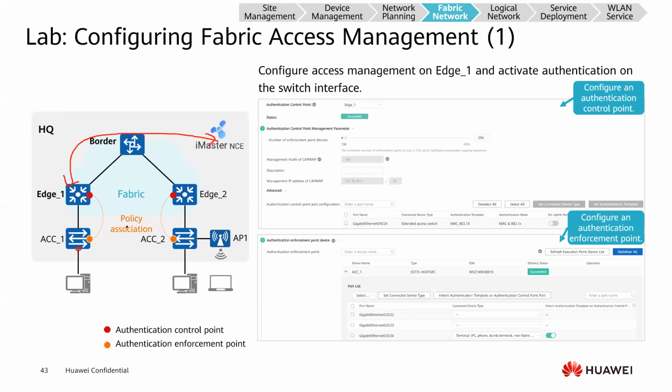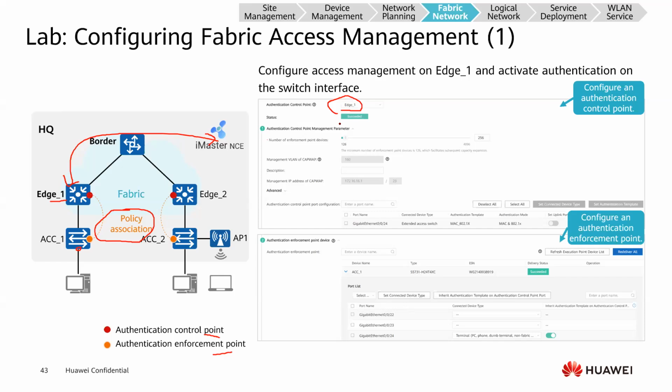So, based on the policy association technology, we can separate the authentication point into 2 points. One is the authentication control point, and the other is the authentication enforcement point. On the controller, you need to configure these 2 points one by one. First, for the H1, the authentication control point is the H1.